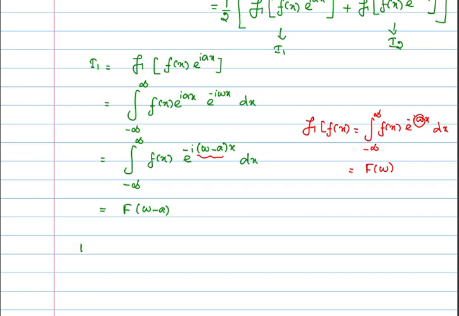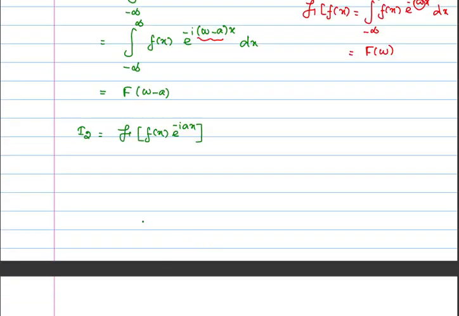Similarly, now I am going to find I2, that is, the Fourier transform of f(x) times e^{-iax}. The same logic applies as previously. It is the integral from minus infinity to plus infinity of f(x) e^{-iax}, and the kernel of the Fourier transform is e^{-i omega x} dx.